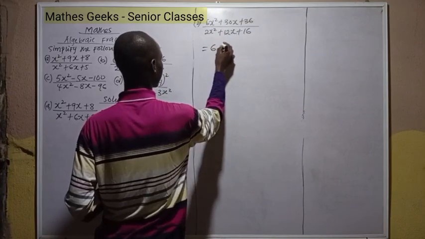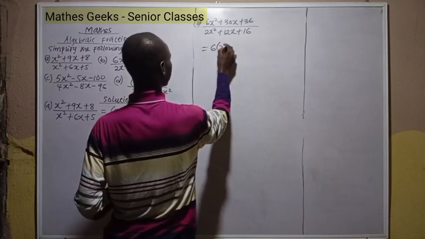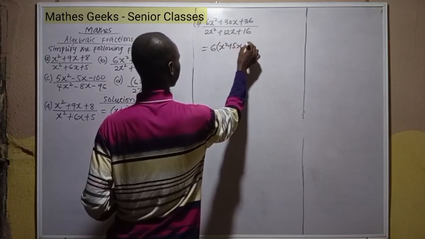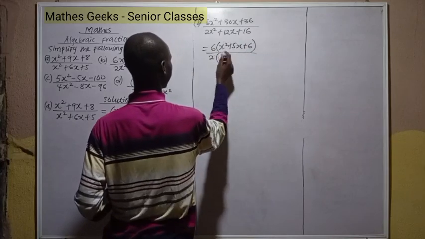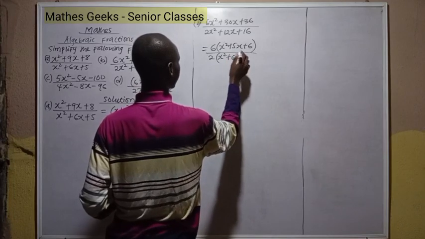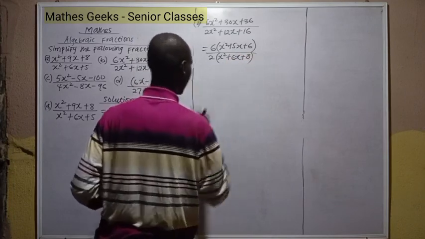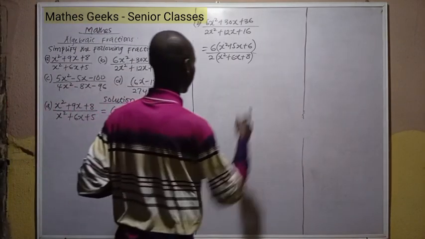When we factor 6 out, we're going to have 6 times x squared plus 5x plus 6. And when we factor 2 out, we're going to have x squared plus 6x plus 8. So each of them is a quadratic expression, and we're going to simplify them as such.